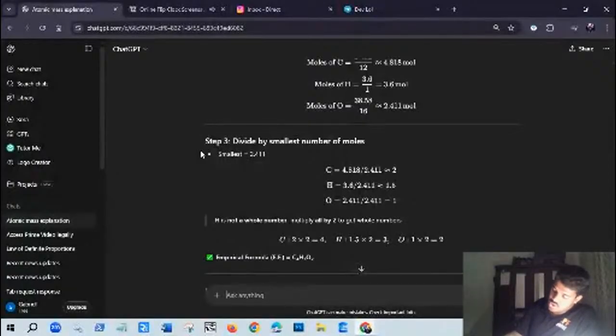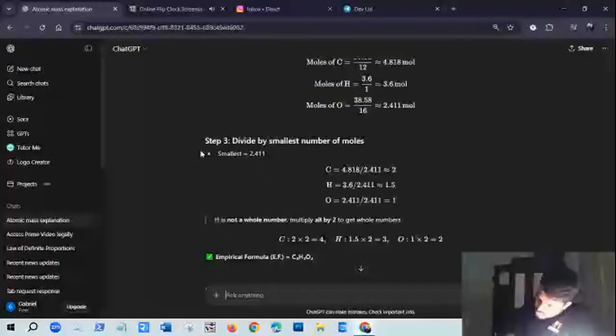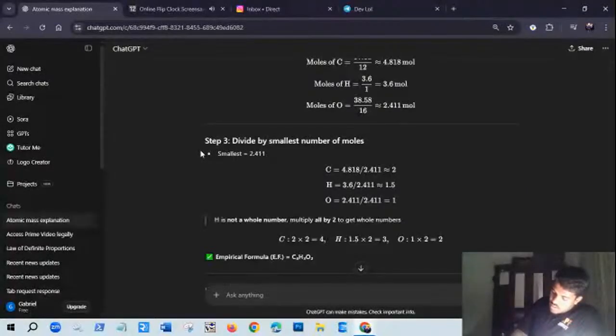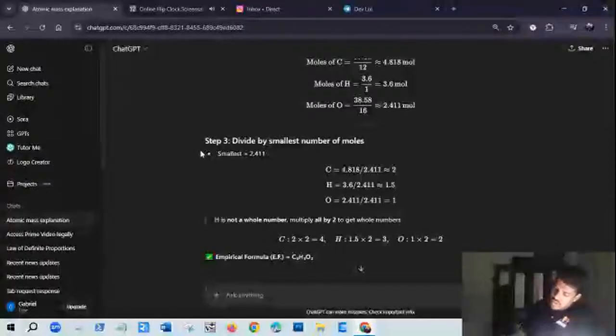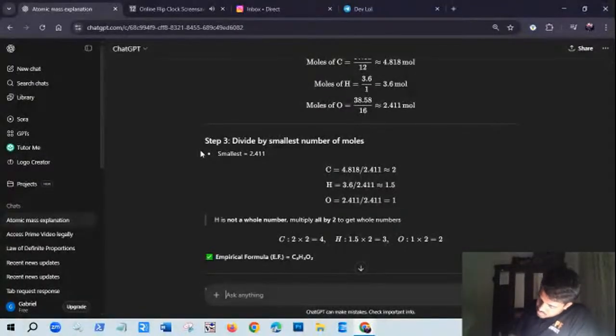So that will be C4H3O2. Now that's the empirical formula. That's what we did here, right? Now we find the mass, and we add up: 48 plus 3 plus 32.